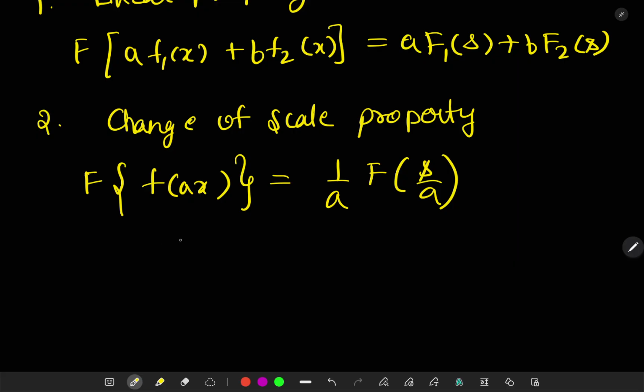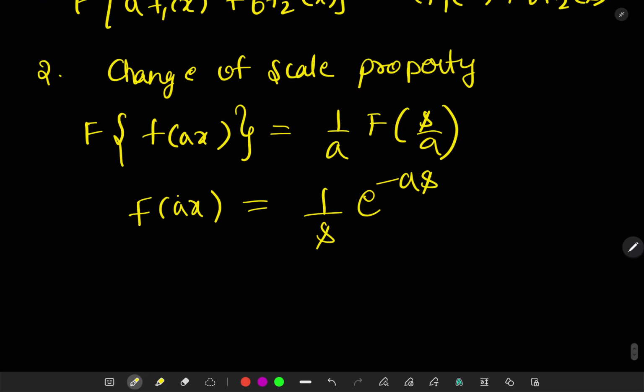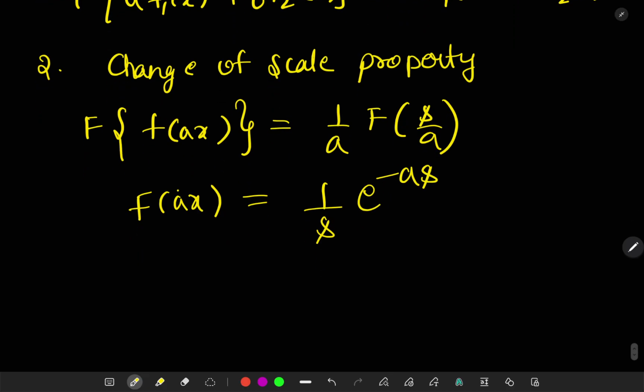Here, if f of ax is given like that, 1 by s a e raised to power minus as, so using this property we can find f2(ax) values.